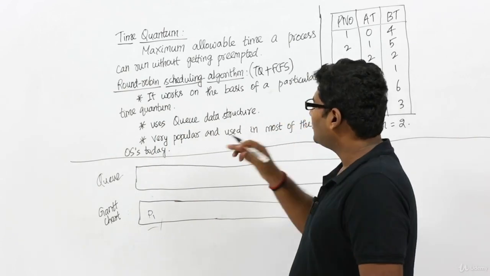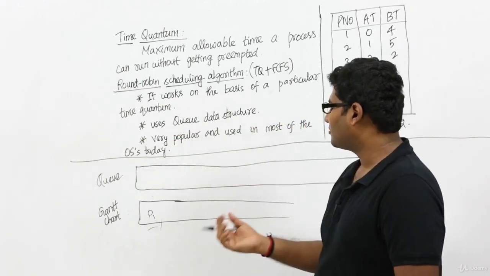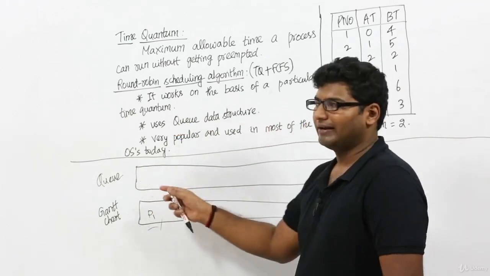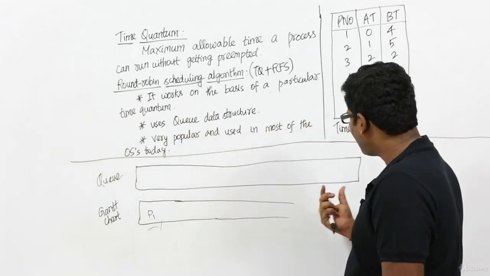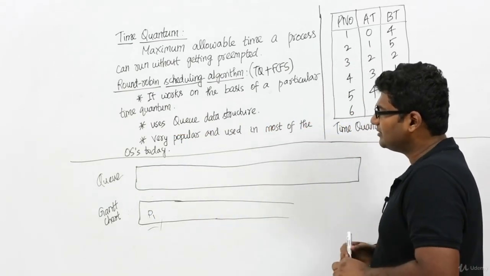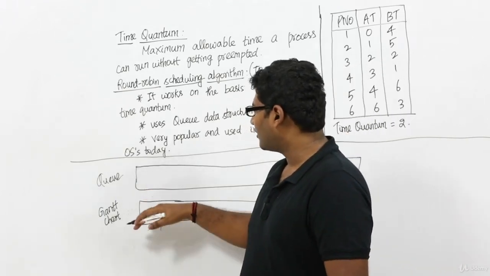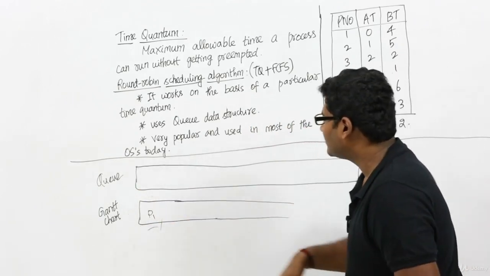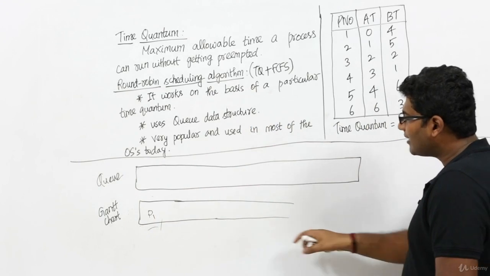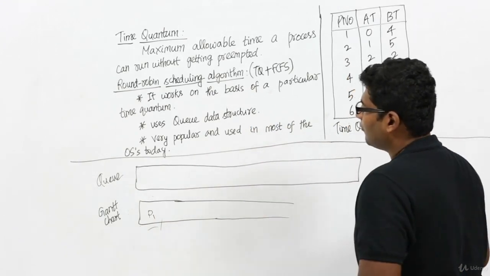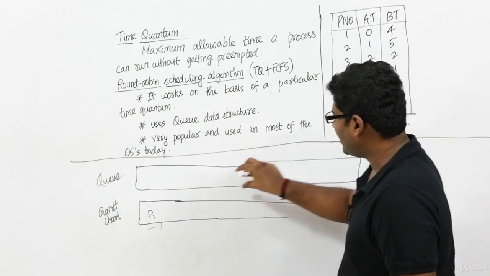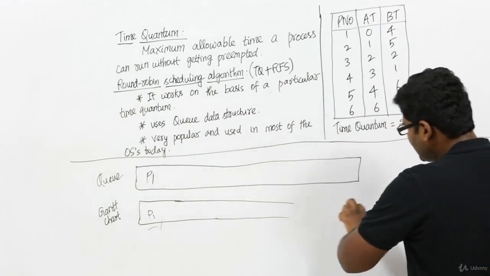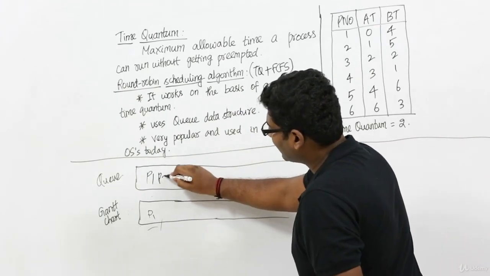It uses a queue data structure. You can think of a queue like an array where insertion happens at the end. This is called the front end of the queue, and this is called the rear end. Insertion will always happen through the rear end. If I want to insert P1, I insert it through the rear end. If I want to insert P2, I can insert it only over here and not over here.